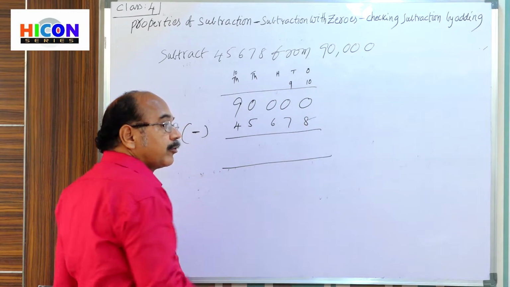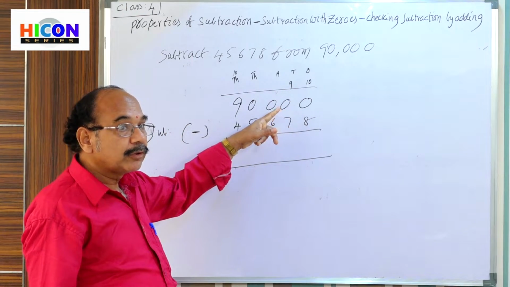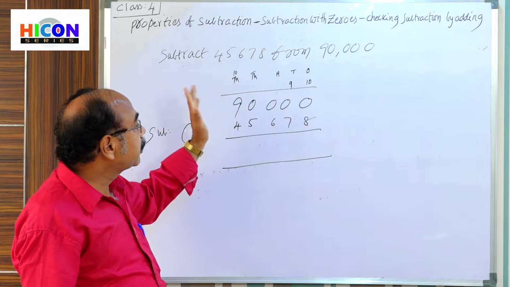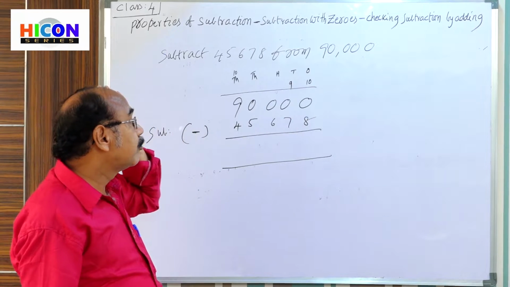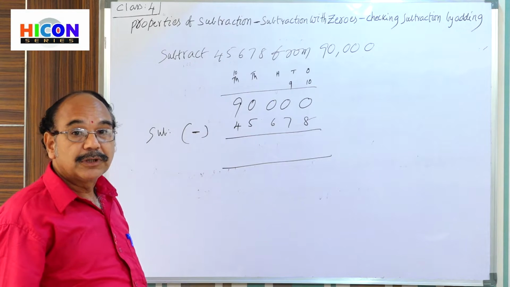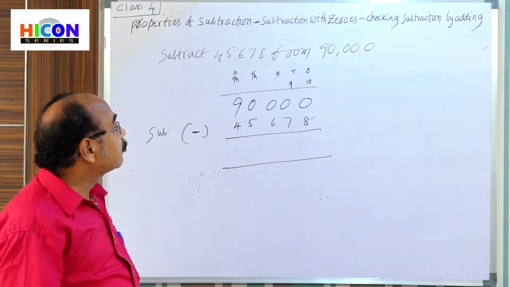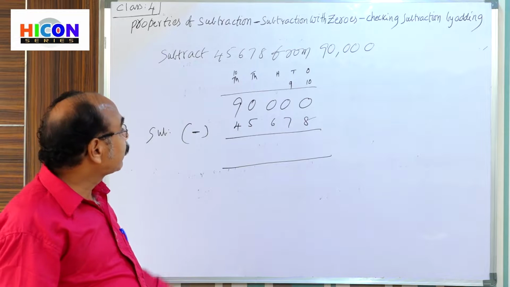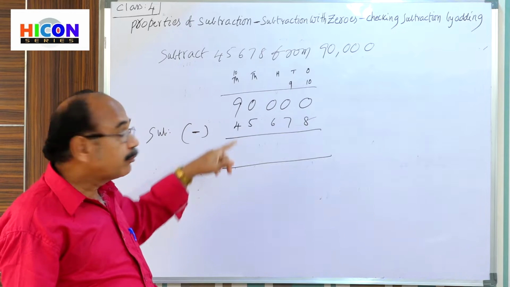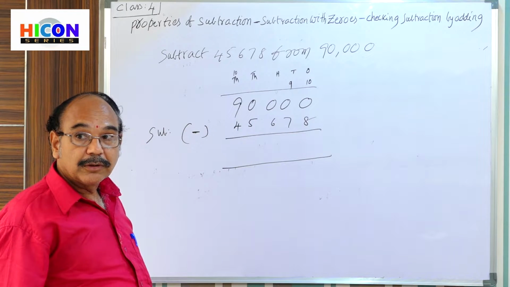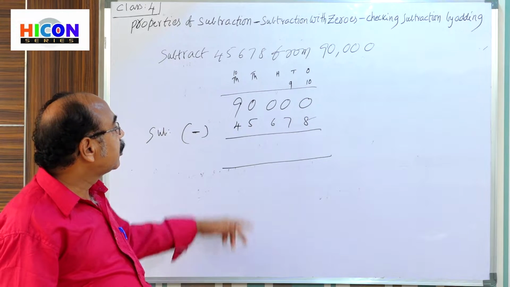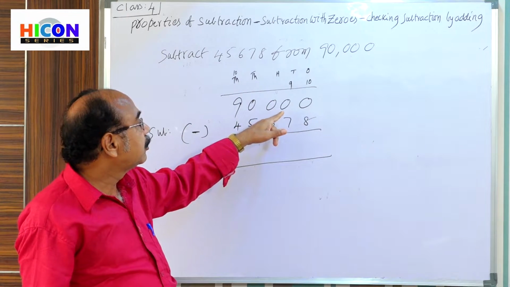Zeros cannot give borrow. That's why the borrow comes from the last place, that means from the 9. 9 can give borrow, but these are all zeros.